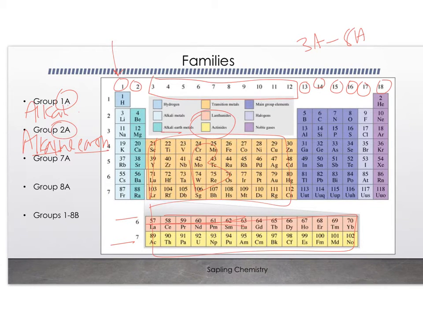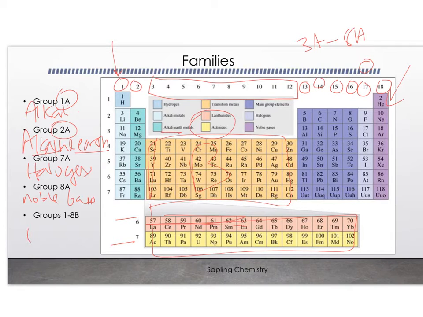You also need to know where the halogens are. That's group 7A. The reason why they're called halogens is they have 7 electrons around their valence shell, so it looks like a little halo. Those are your halogens in group 7A. And then group 8A, that's the last group here. These are your noble gases.